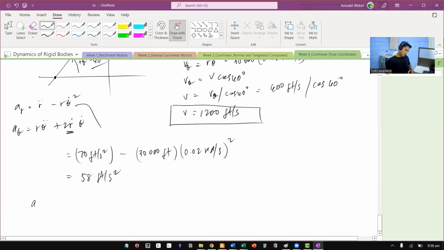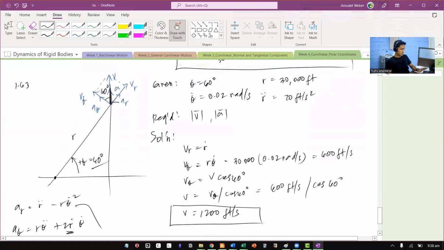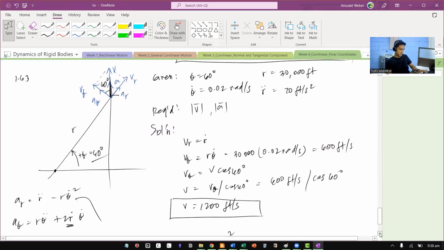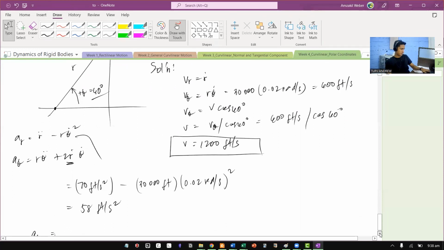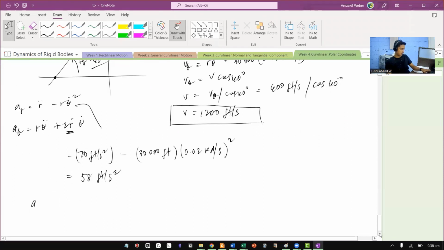So A theta, according to the figure, to get to A, we have to divide the A theta by cosine 60, which gives 116 from 58 feet per second squared.